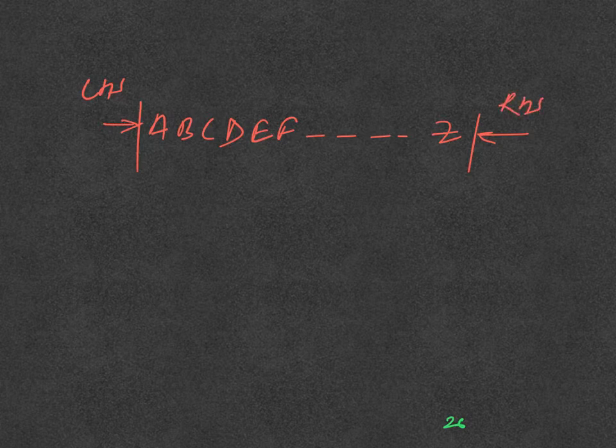This is very, very important if we want to solve questions based on alphabet test, coding decoding, alphanumeric puzzle, letter series. If we want to solve all these questions, we have to learn these values.